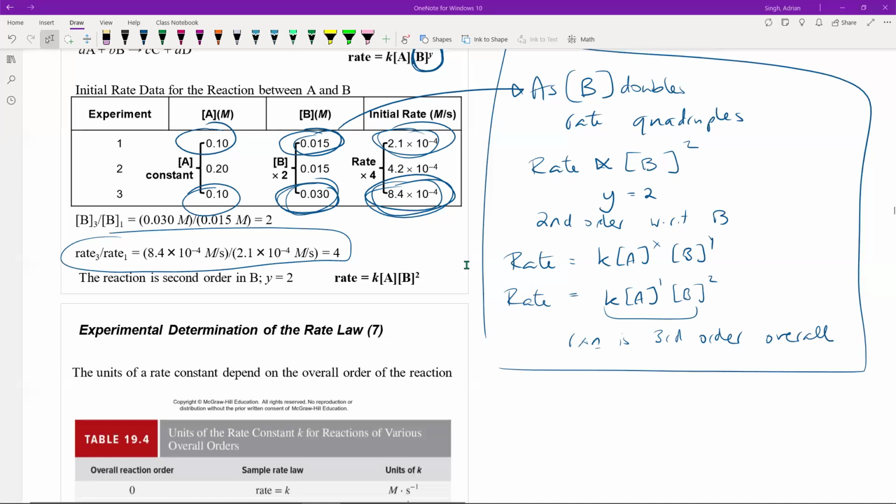What we can also do, once we have the rate law expression written and we have the values for x and y calculated, is use any of the data points from the experiments to determine the value of k, the rate constant.